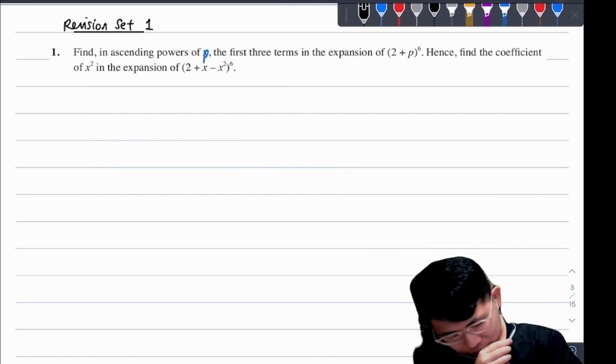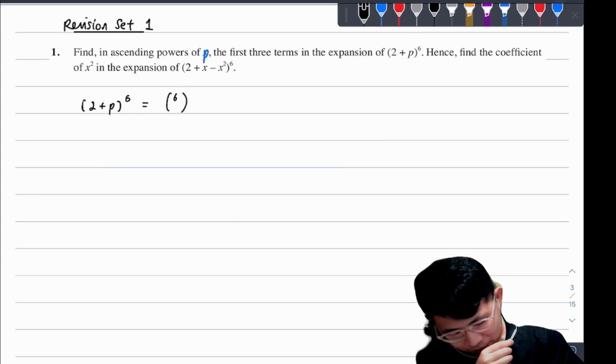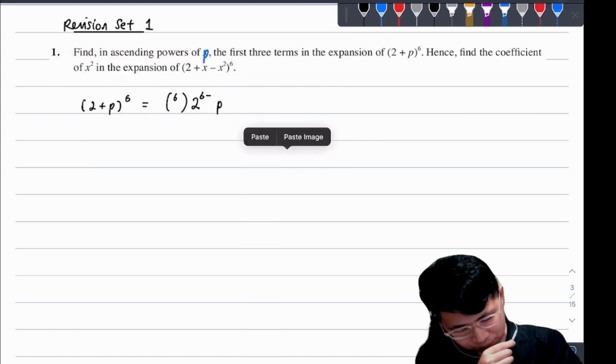I will start with (2 + p)^6, which is going to be equal to the sum of 6 choose r, a to the power of n minus r, b to the power of r. The r I start with is 0.